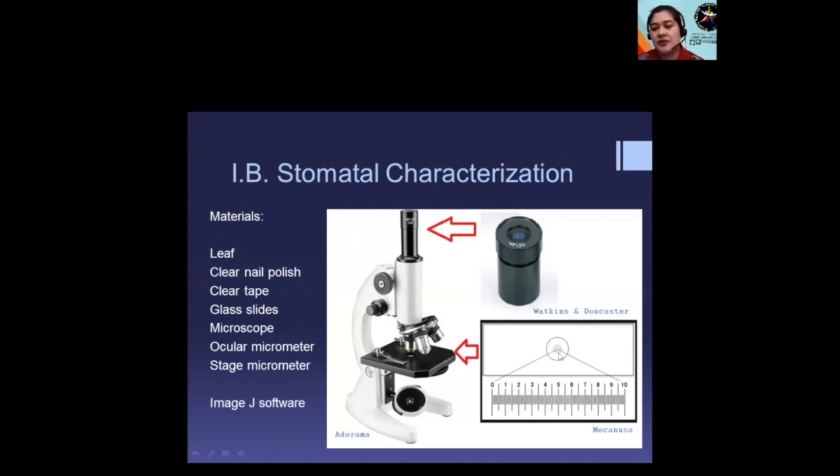But at the center of that, you would see again a very small ruler there, which would be in micrometers. At ito po ay isasalpak natin dito sa ating microscope habang nakasilip ka sa ocular meter, and that is when you would calibrate. Okay? And of course, we have an additional, the Image J software.